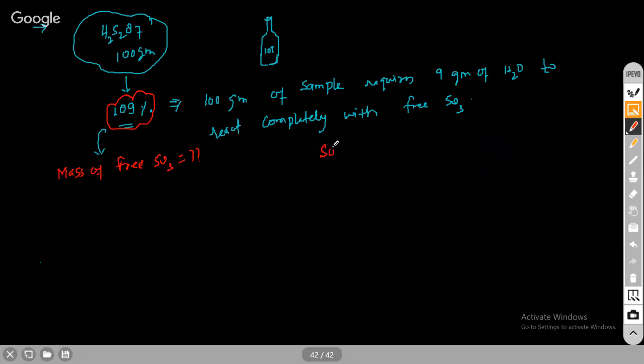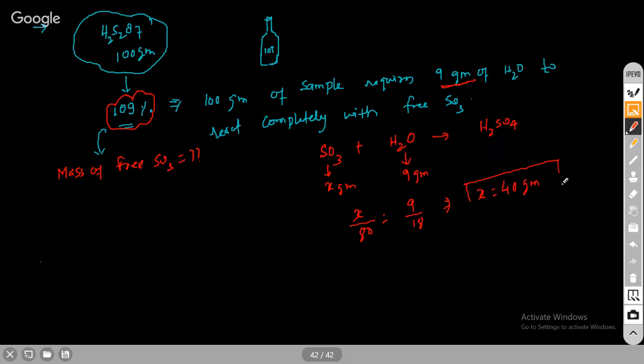Now the reaction will be the same. Whatever the mass of free SO3 we have, that reacts with H2O and forms H2SO4. Right? We know the mass of H2O here according to this data. The mass of H2O is 9 gram. The mass of SO3 we have to find out, so it is x gram. So we can equate the number of moles of these two. So x by 80 is equal to 9 by 18, and when you solve this you'll get x equals 40 gram.